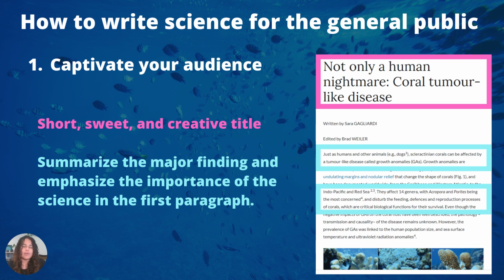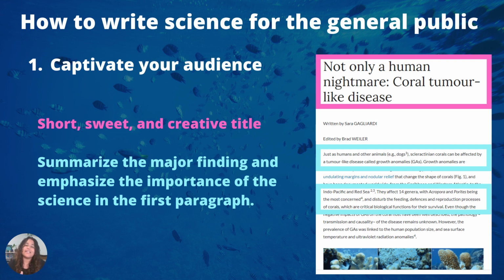So now the second thing you have to do is continue to captivate their attention. And you do this by having two important things in the first paragraph, and that is your major finding and the importance of that major finding. So scientists at this point are going to be like, wait, what?